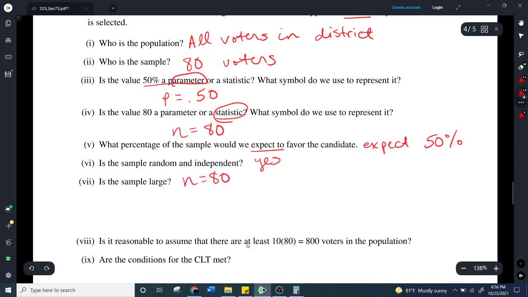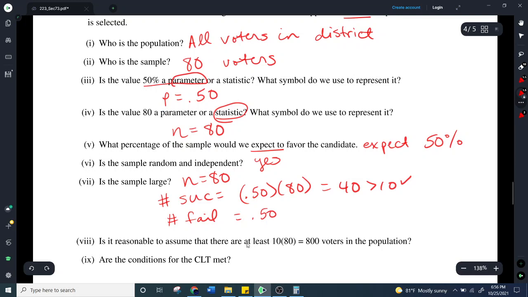The expected number of successes is going to be 50% times 80, which is 40 voters that we think will support the candidate, which is more than 10, so we are good to go there. And then the expected number of failures would be 50%. Again, you see where I'm getting that from. It's just the complement, 1 minus, but it's going to be the same number, also 40, so we are good to go there.